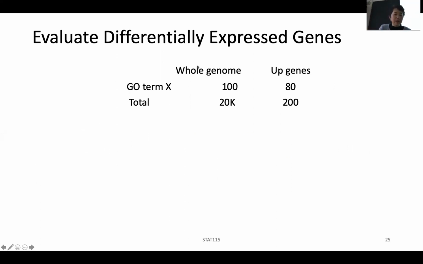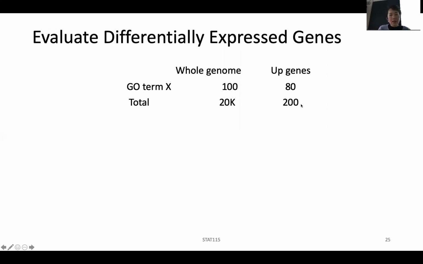We ask, in the whole genome of 20,000 genes, how many genes are annotated with this particular gene ontology code? Say there are about 100 genes with this gene ontology term.